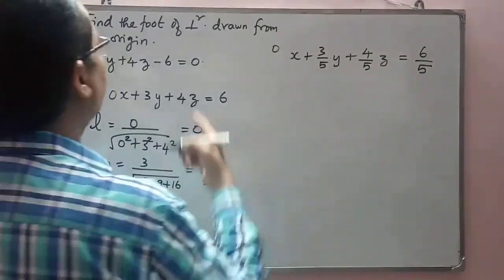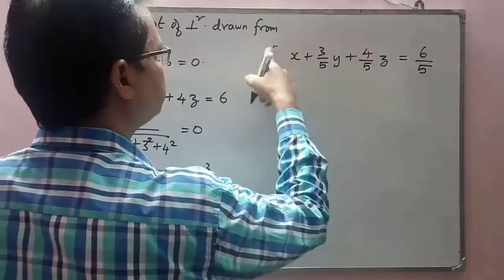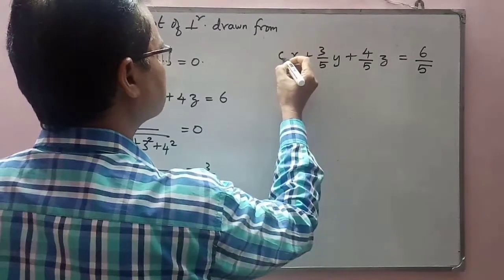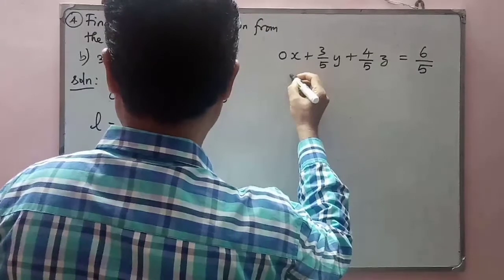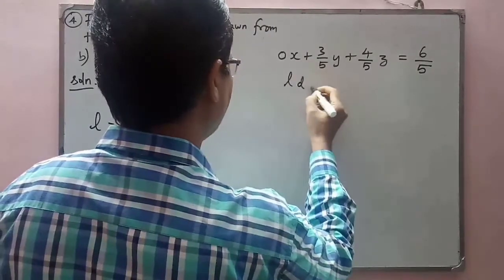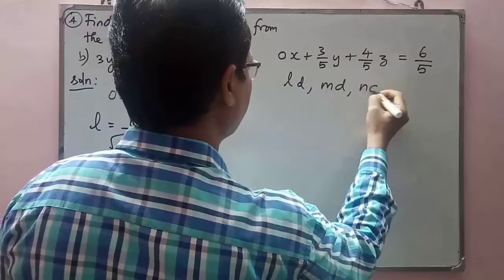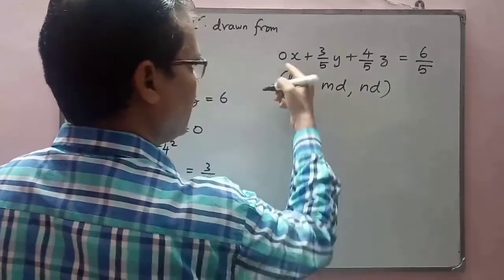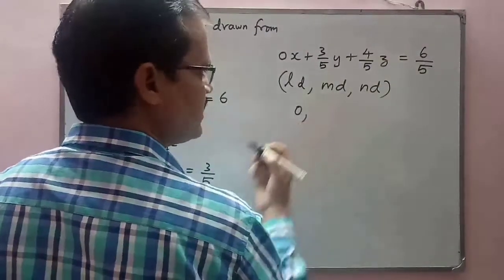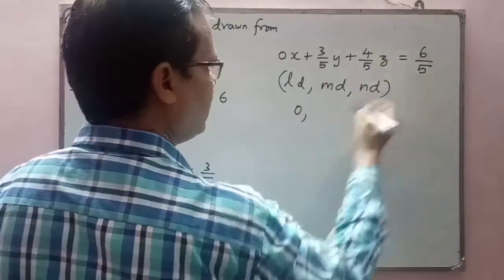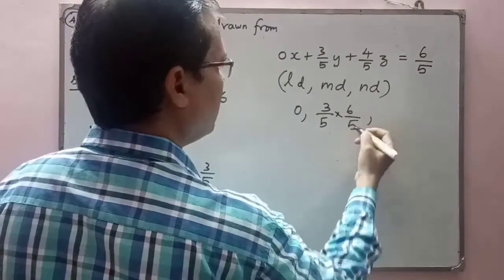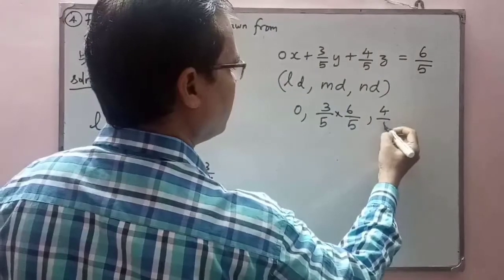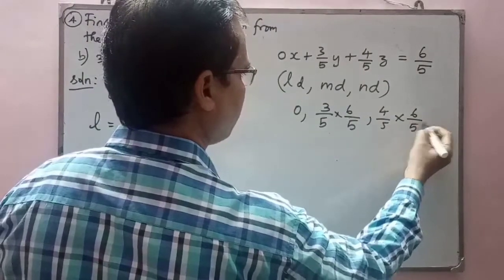So the foot of the perpendicular is ld, md and nd. l is 0, so 0 into anything will be only 0. m into d: 3 by 5 into 6 by 5. n into d: 4 by 5 times 6 by 5.